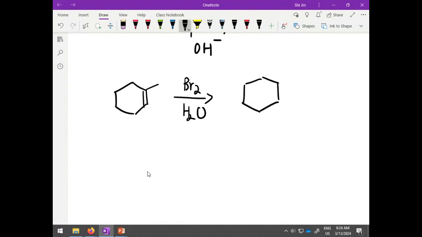So let's say we'll get OH and then the Br. This vicinal halohydrin. Then, if you treat this one with sodium hydroxide, you're going to form the ring.